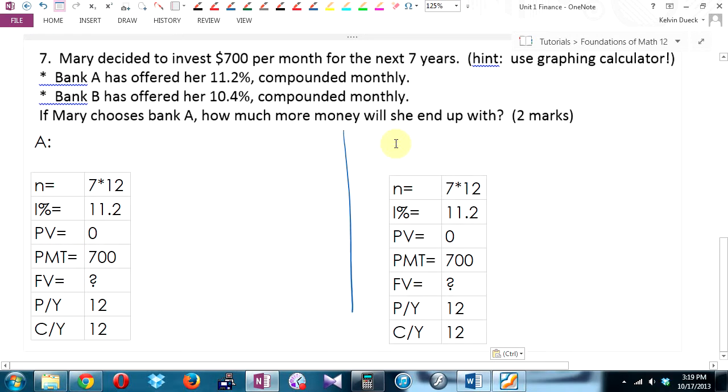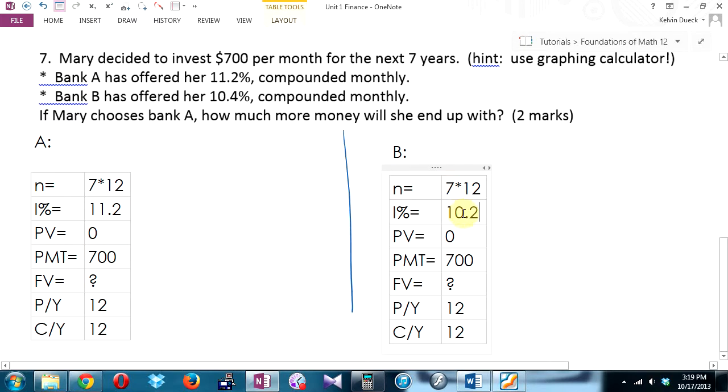This is loan B. What changes for loan B? It's still 7 times 12. All that's changing is the interest rate is going to 10.4. I think everything else is the same, right? Yeah, just the interest.